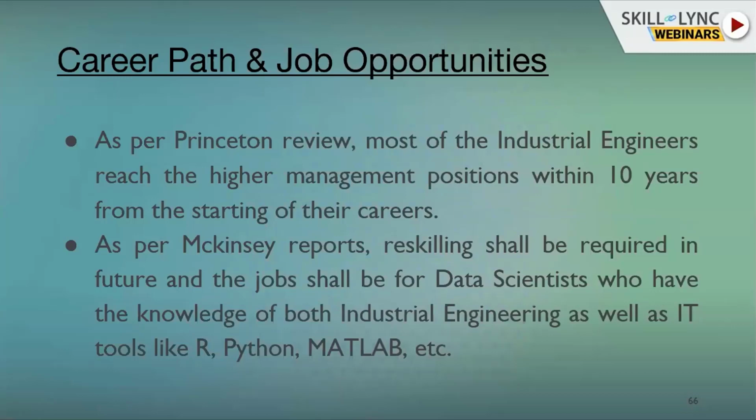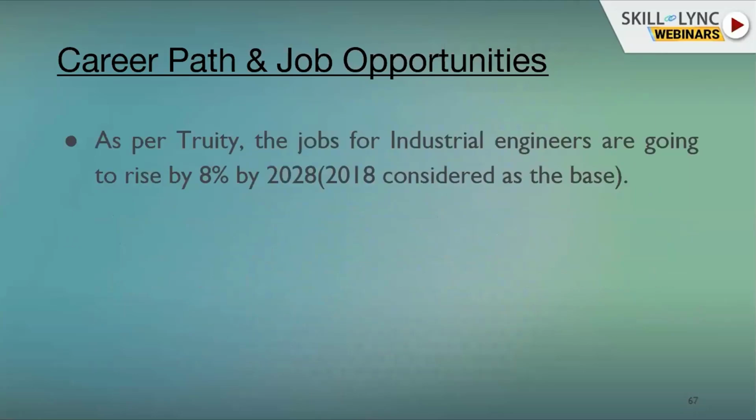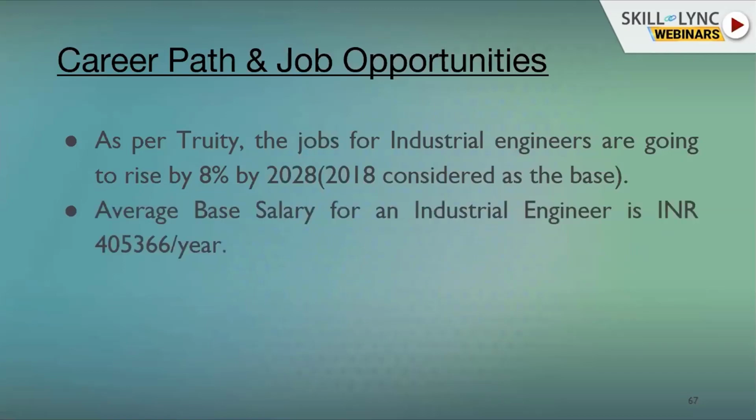Not a single company can deny you if you are skilled enough. And if you start working in any industry, nobody can deny you. Then, as per Truity, jobs for industrial engineers are going to rise by 8% by 2028. Obviously they will increase. Other engineering branches, I'm not sure, but this engineering has a lot of scope.